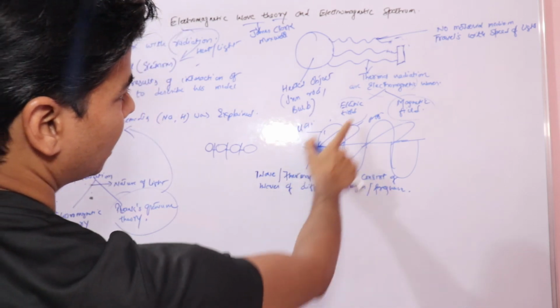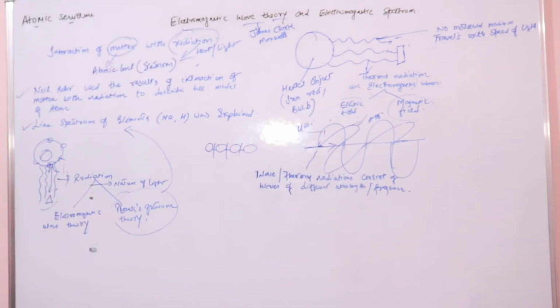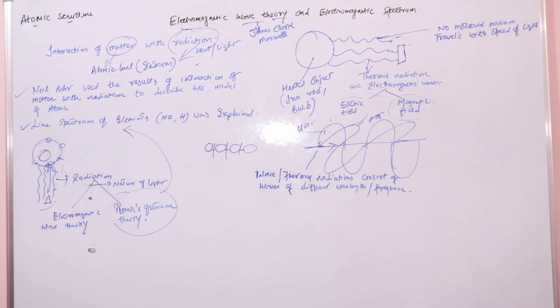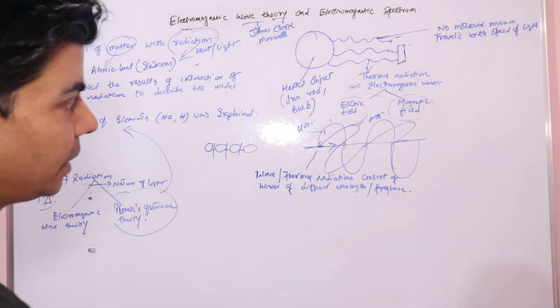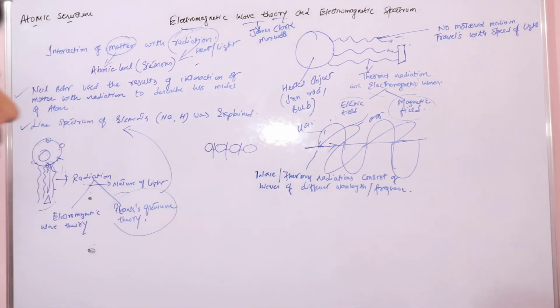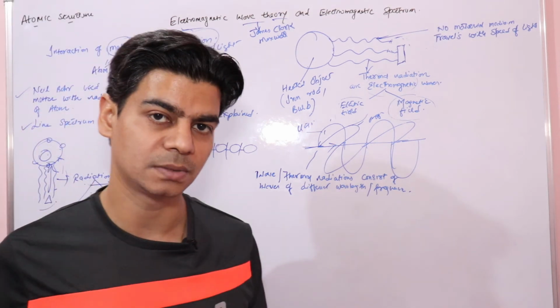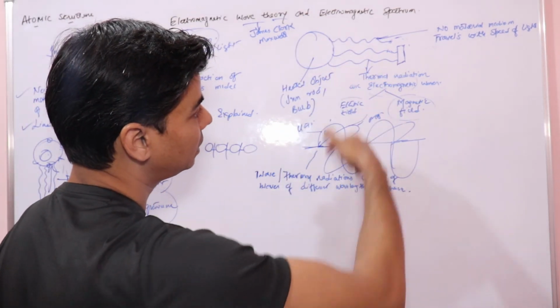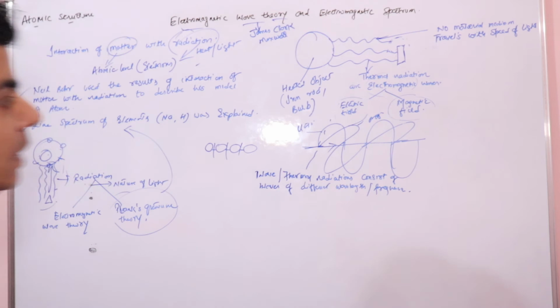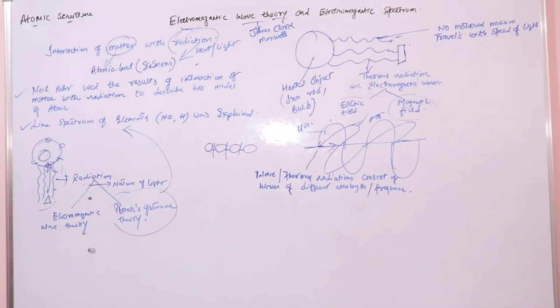That is why we call them electromagnetic waves, right? And the radiations possess wave character. These radiations are nothing but electromagnetic waves, so these electromagnetic waves possess wave character, right? We'll understand some terms related to wave. So these thermal radiations consist of electromagnetic waves, and these electromagnetic waves consist of electric and magnetic parts.